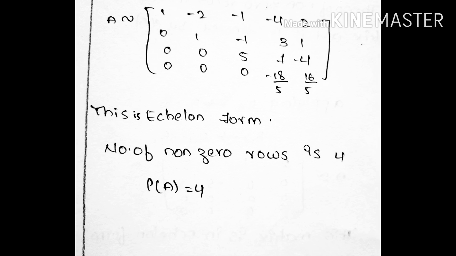Here we can find the rank of the matrix. How to find the rank of a matrix in echelon form? The number of non-zero rows is called the rank of a matrix. In this matrix we have 4 non-zero rows, so the rank of the matrix is 4. So rho of A equal to 4.